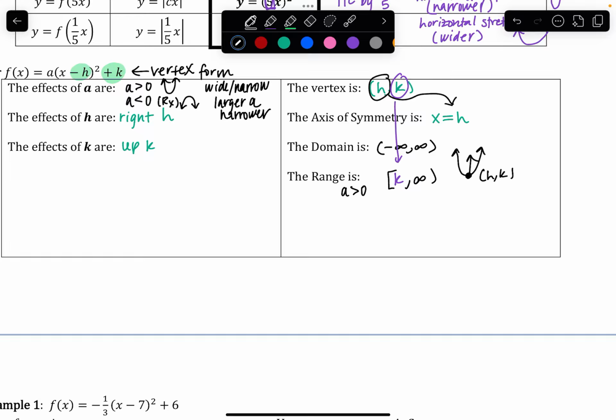And so it's always above the k. Whereas if a is negative, it's going to be opening down. And so k would suddenly be our maximum value. Okay, k here is a minimum. In this situation, k would become our maximum.